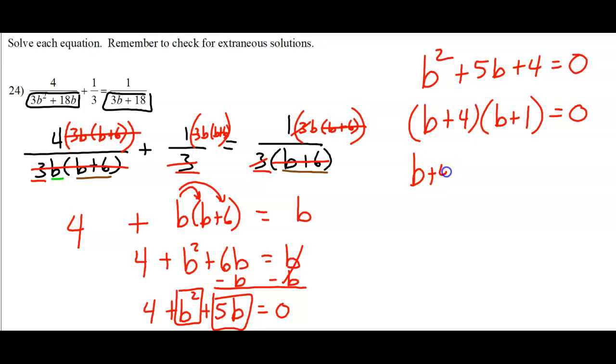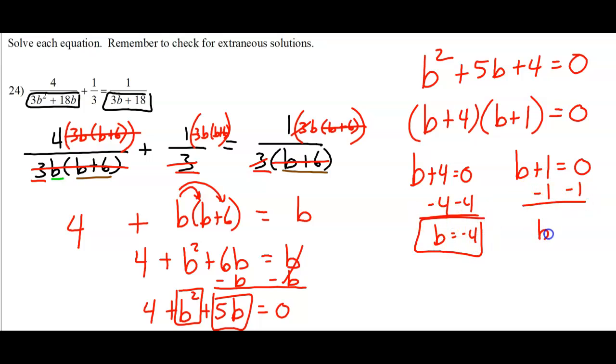And then you take each factor and set each one equal to 0. And then you solve both. There's one answer. And here's the other answer. And once again, you want to make sure that these numbers won't make the denominators equal 0.